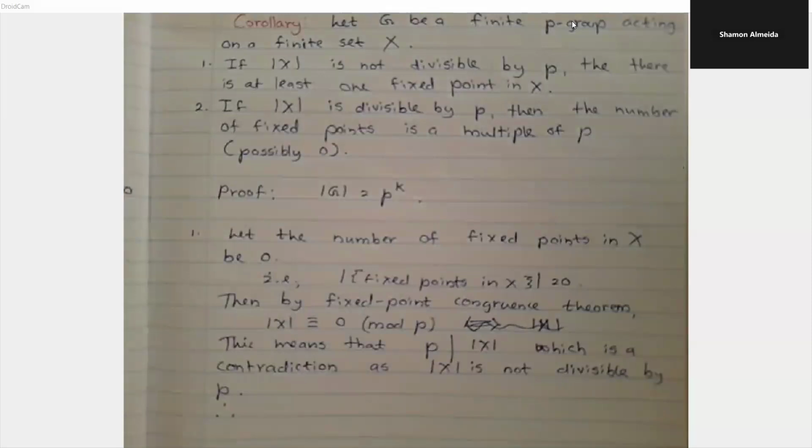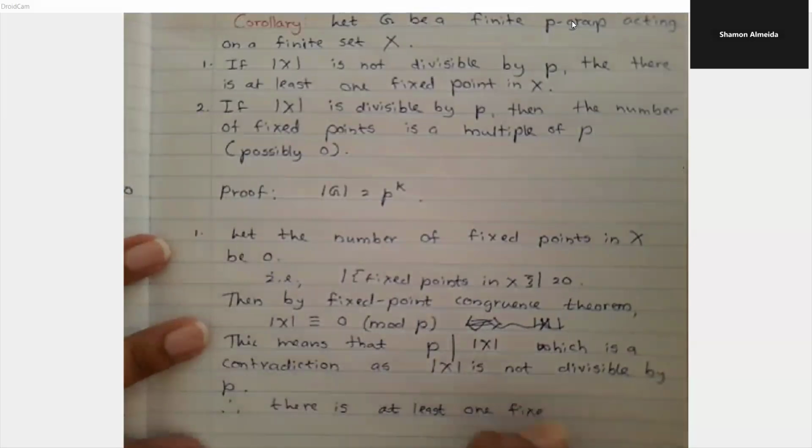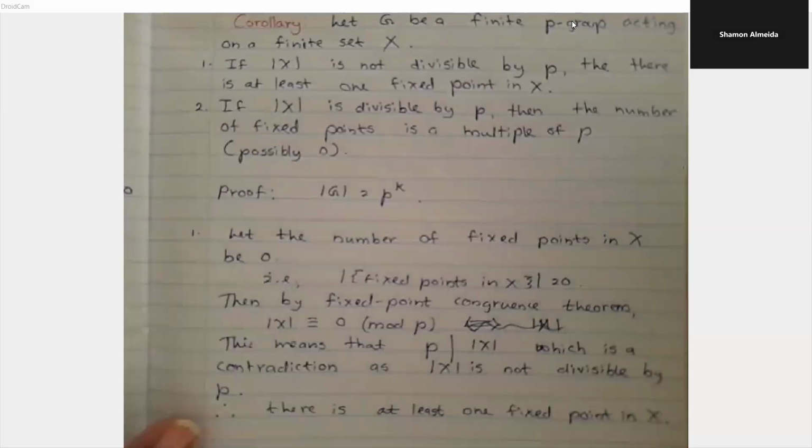We must have at least one fixed point. We can't have the number of fixed points in X to be 0. Therefore, there is at least one fixed point in X.